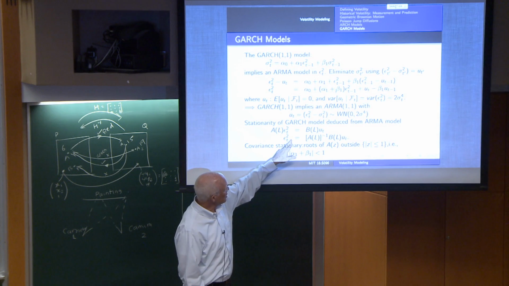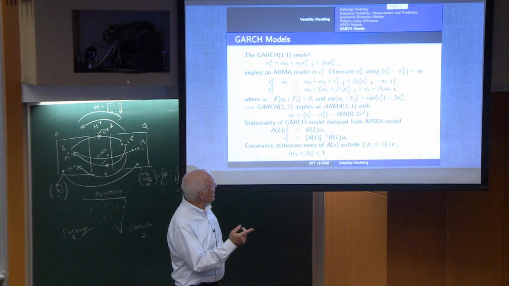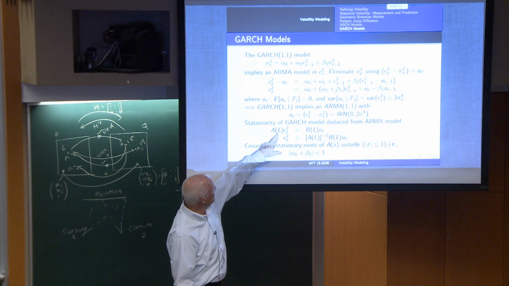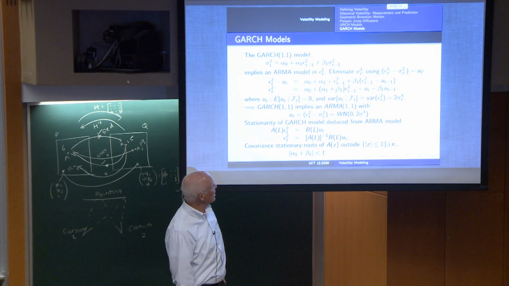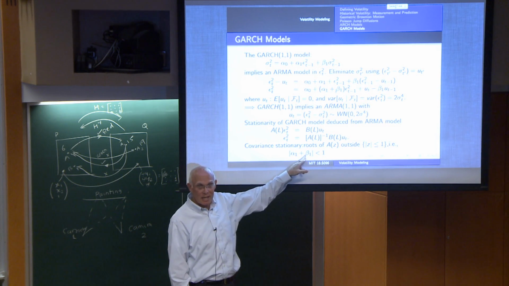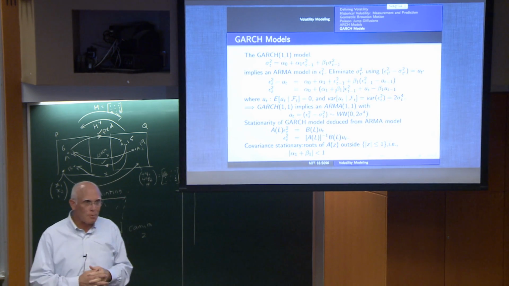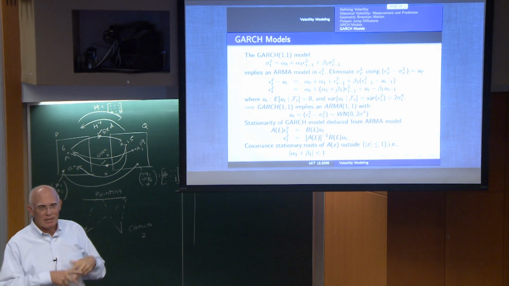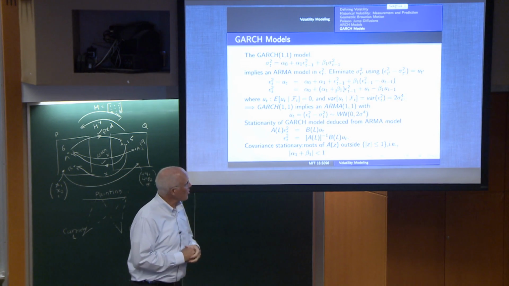And so we have this expression for what the innovations are. And it's required that the roots of this A of L operator, when thought of on the complex plane, have roots outside the unit circle, which corresponds to alpha 1 plus beta 1 being less than 1 in magnitude. So in order for these volatility models not to blow up and to be covariance stationary, we have these bounds on the parameters.